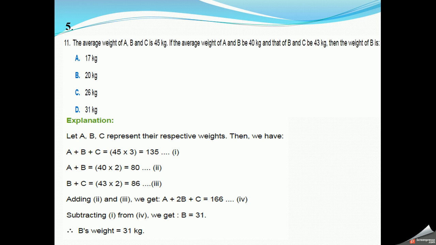We get A plus 2B plus C equals 166. And when we subtract the first from the fourth, we get the answer for B, and our task is to find B's weight, which is 31 here.